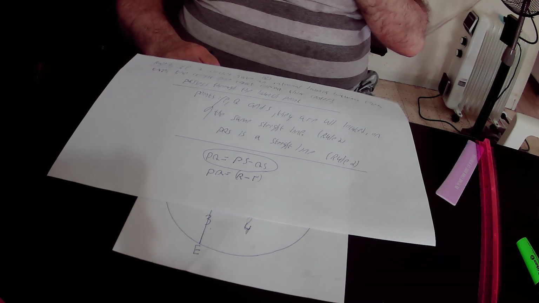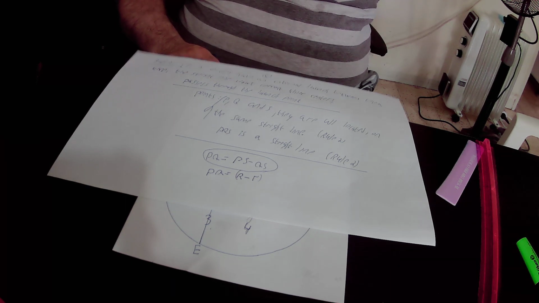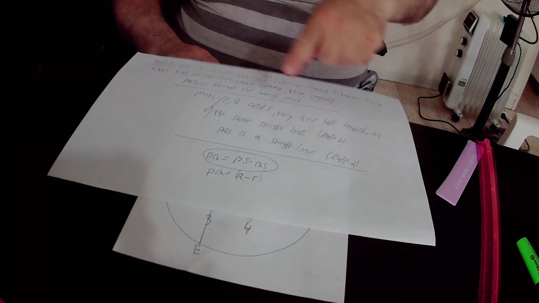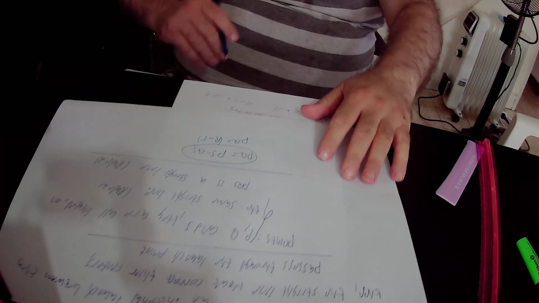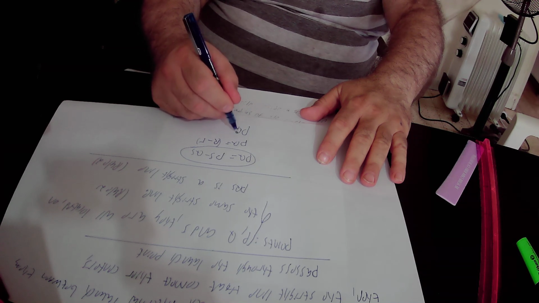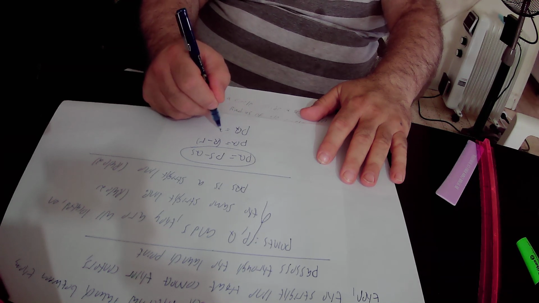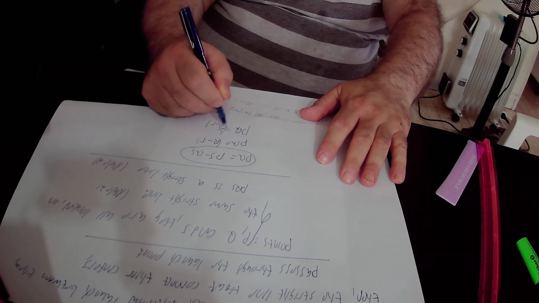But we have already found out that capital R equals 25 over 8, so we substitute capital R by 25 over 8. And in conclusion, PQ equals 25 over 8 minus small r.